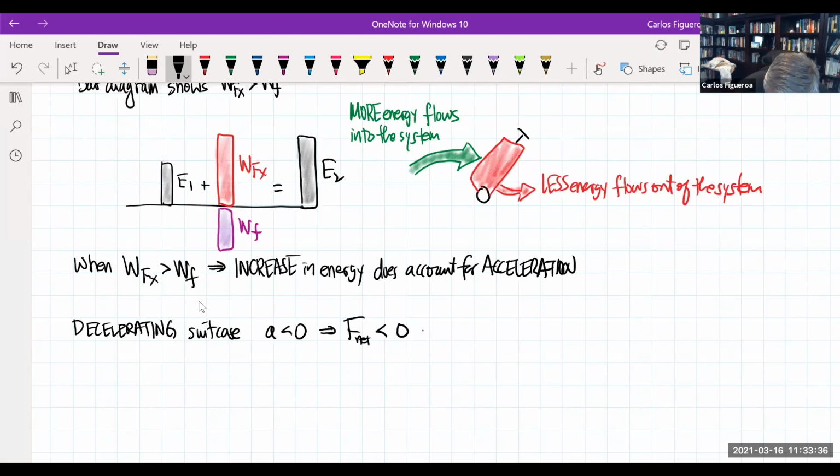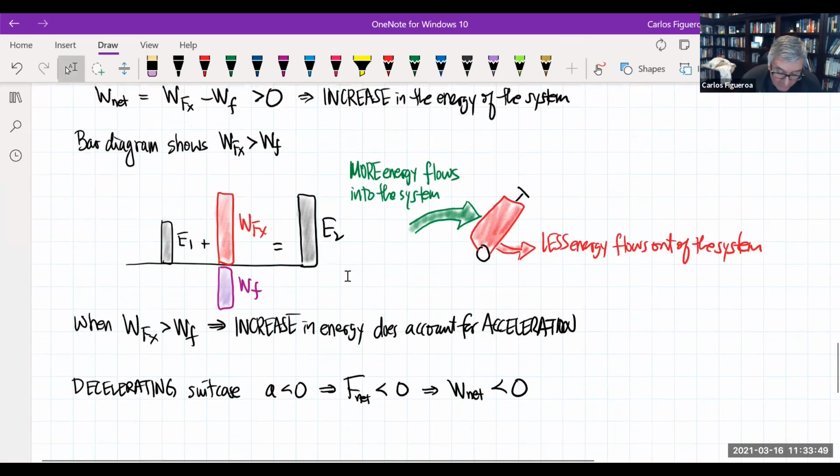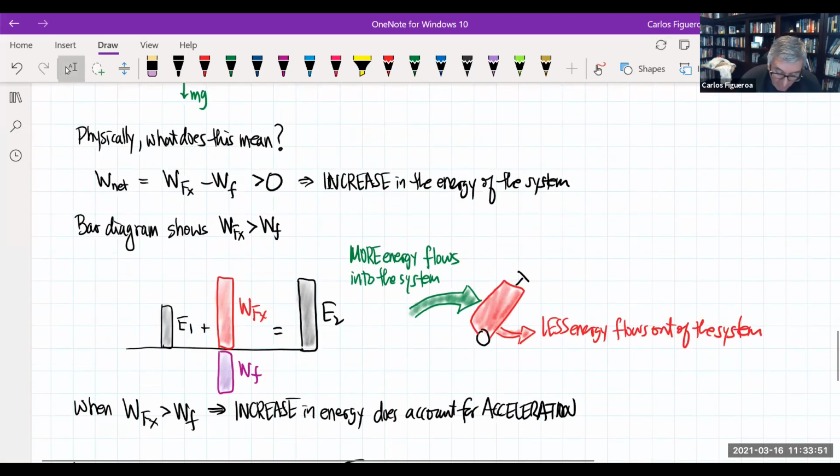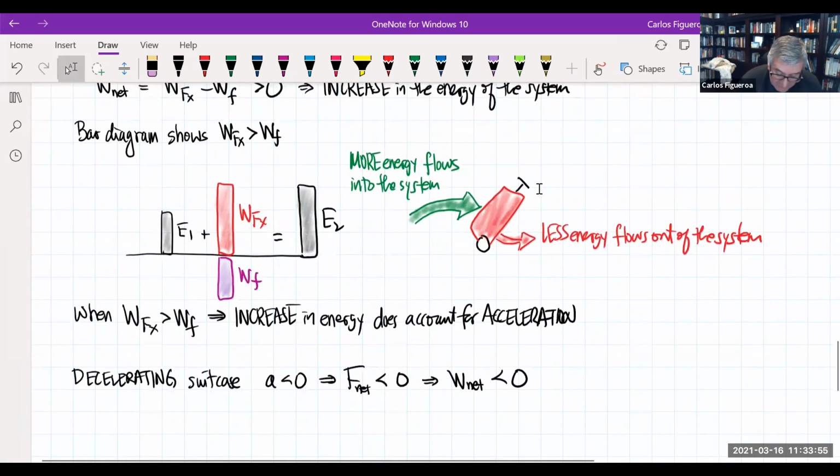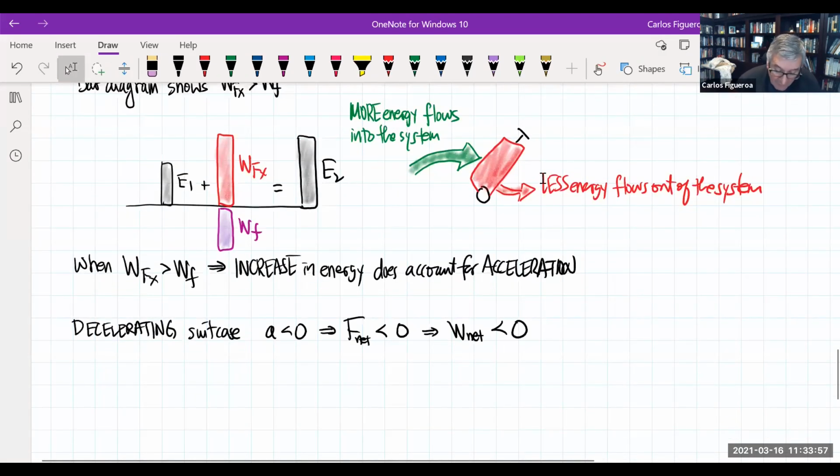But if the net force is negative, then the net work must be negative as well. So we know that this immediately tells us that there has to be a decrease in the energy of the system.